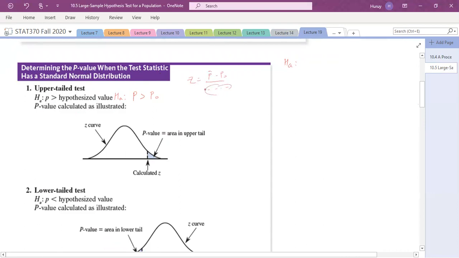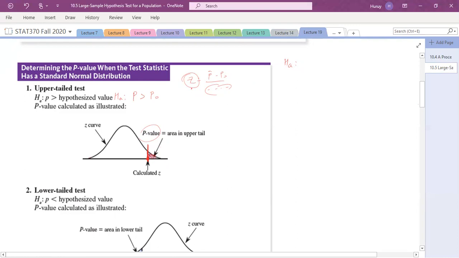This is the standard deviation. Now, the p-value is calculated as illustrated here. So this z, whatever you get out of this calculation, will be at this point. This is the z curve, and the p-value will be the area to the right of z.